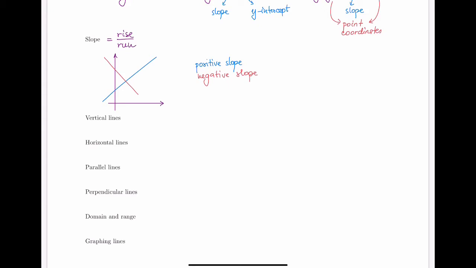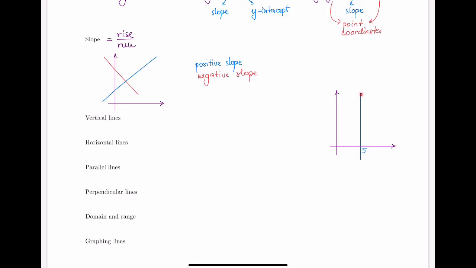If I quickly sketch what a vertical and a horizontal line would look like, it will give us some clue as to what an equation can be. So for example, let's think about a vertical line first. Here's a vertical line. Let's say I assign a specific point, like 5 here.